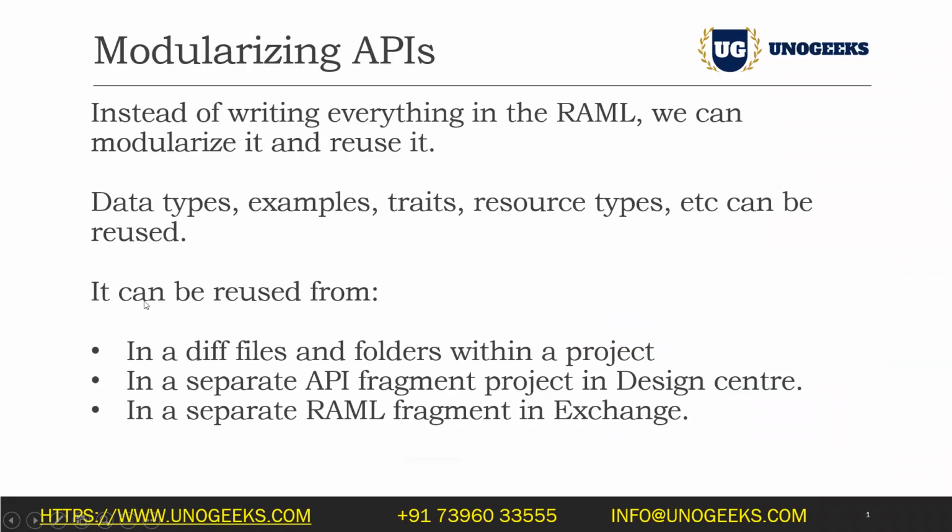And from where it can be used: in different files and folders within a project, like the files and folders I was using. We can also get it from a different design center. So I was designing the American Flights API. Suppose someone has designed another different flight API, I can refer there also.